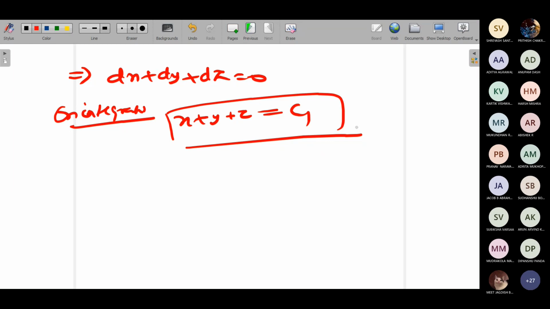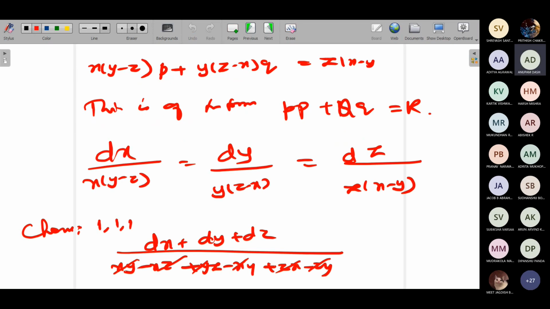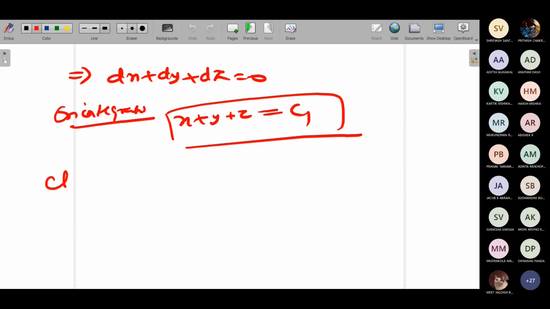Okay. Now can anyone tell me the other multiplier for the same problem? XYZ. Check it out whether you're getting XYZ. Let me check. Choose x comma y comma z.